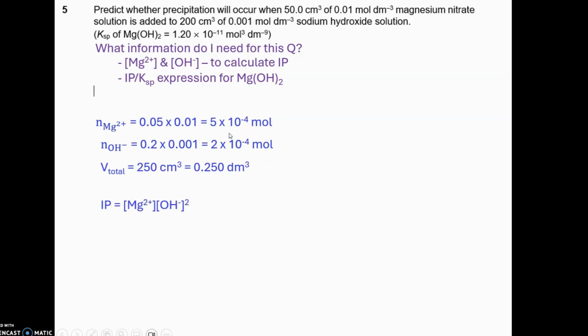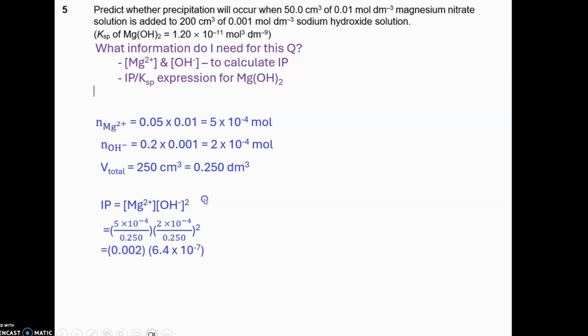After mixing, the total volume is 50 cm cube plus 200 cm cube, which will give you 0.250 dm cube. Next, I'll write the IP expression for magnesium hydroxide and substitute in the new concentrations of both ions, which will be the amount divided by the new volume after mixing.